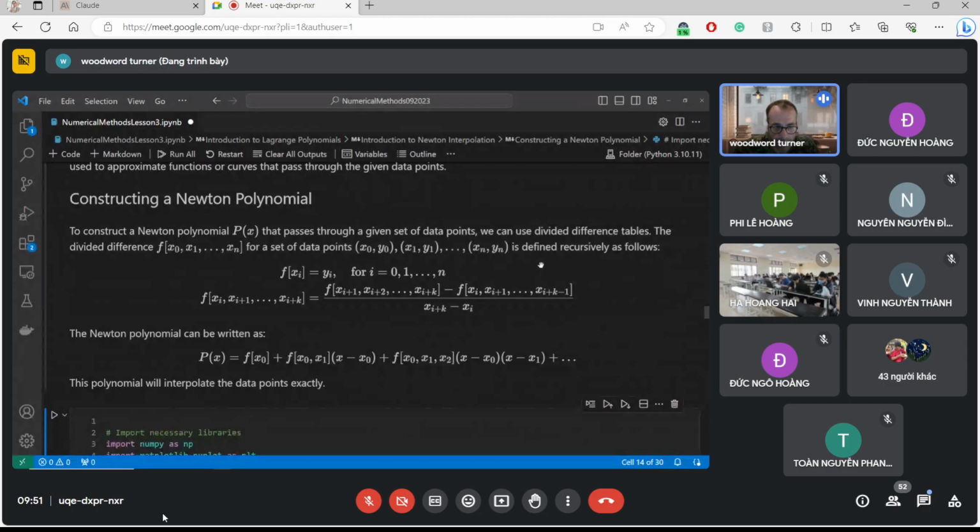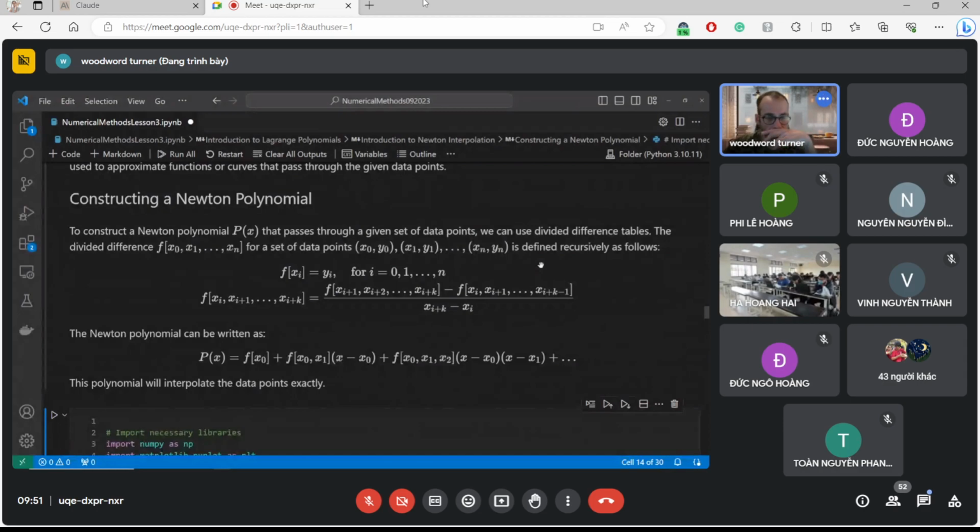So we use these divided difference tables. And we can use this to construct the Newton polynomial. So what it'll be is basically kind of a Taylor series idea, but we'll multiply by factors of the other missing variables.